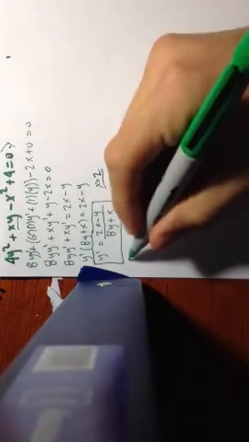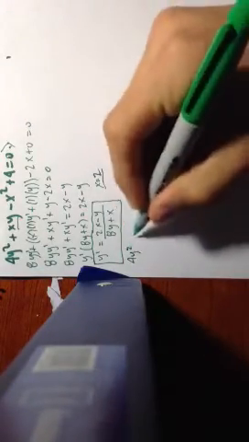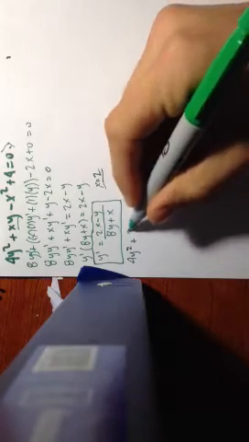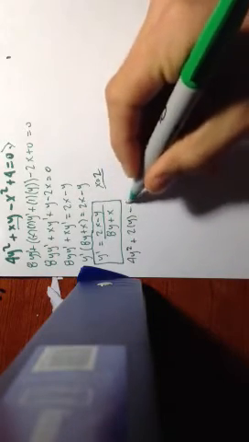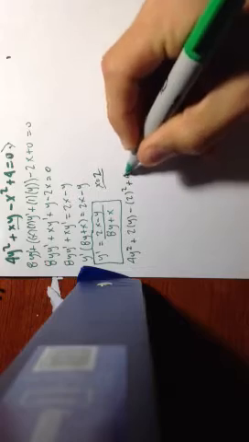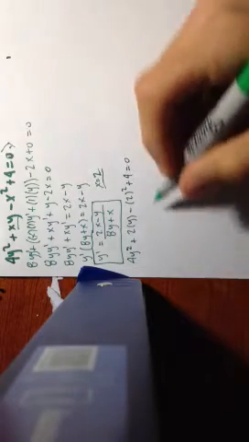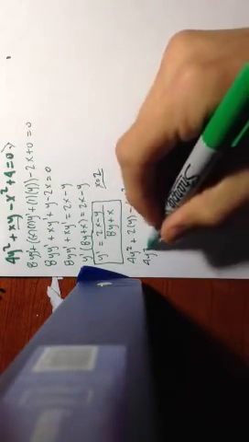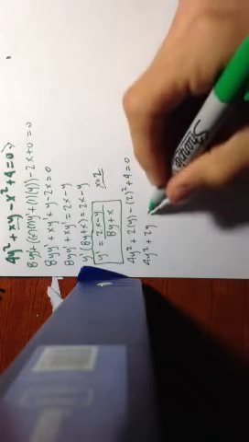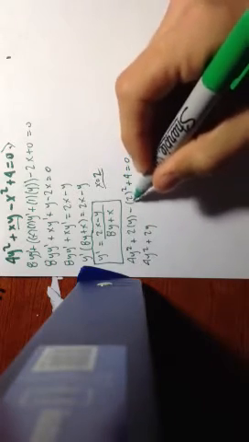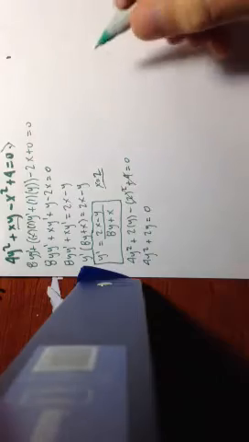So we'll get 4y squared plus 2 times y minus 2 squared plus 4 equals 0, and solve for y. 4y squared plus 2y minus 4 plus 4, those cancel, so it equals 0.